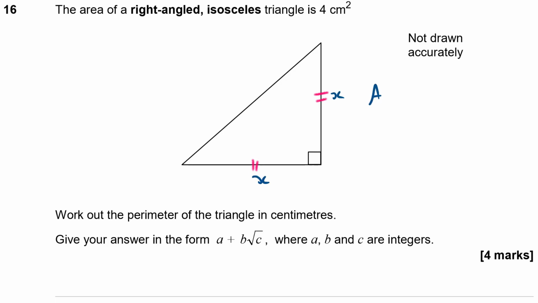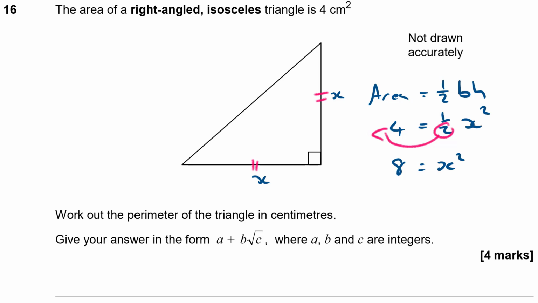So the area of this triangle is a half base height, which is a half x squared, and that is equal to 4. So what does that make x then? Well, let's cross multiply the 2. So 8 equals x squared, and then we're going to square root to find x.